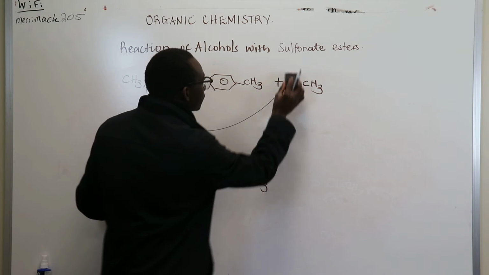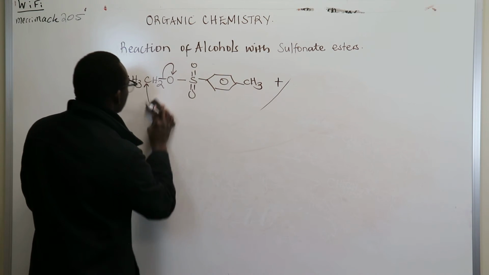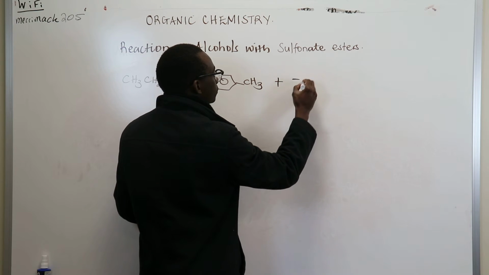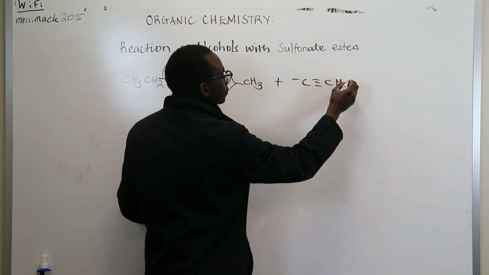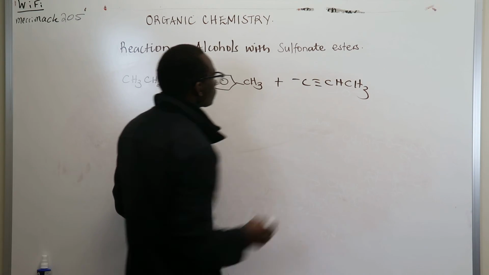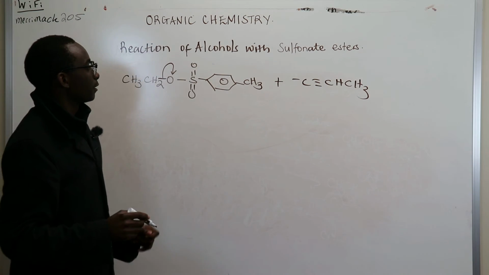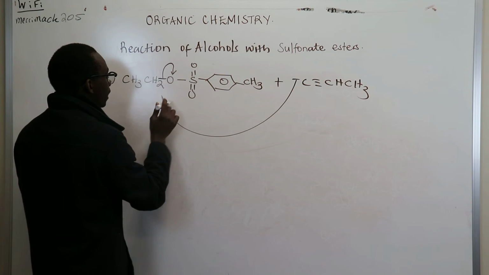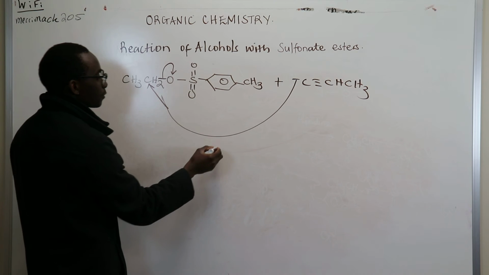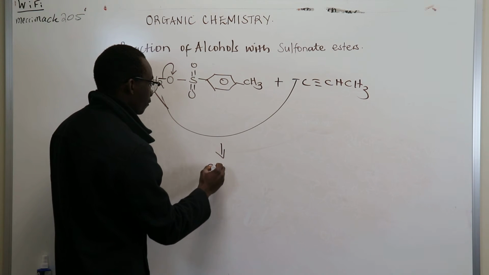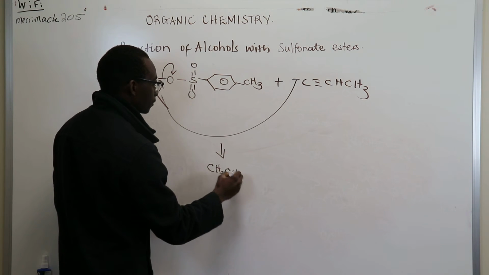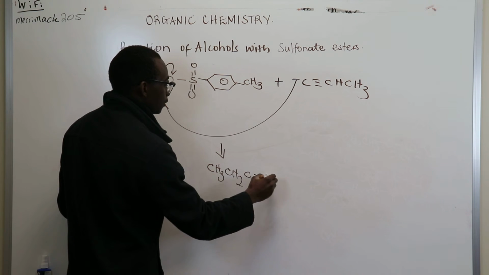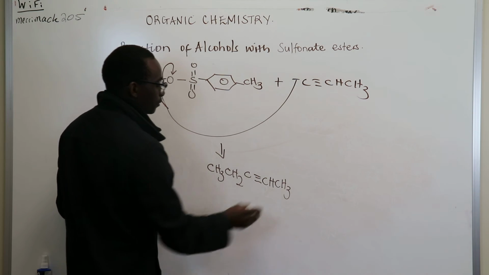What if I have a structure like this? Still the same mechanism. This nucleophile will attack the carbon, this bond breaks off, then I form CH3CH2, C triple bond C, CH3.